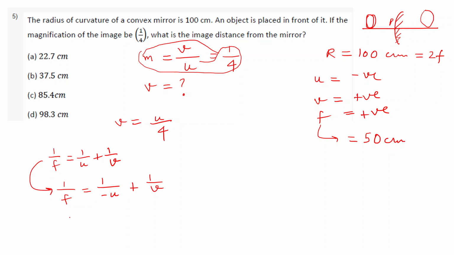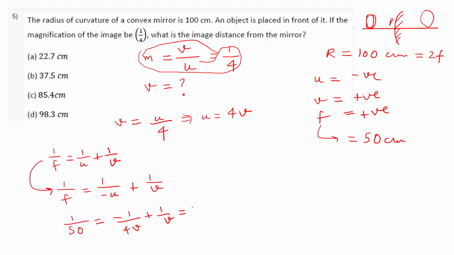Now substituting the values here, f is 50 centimeters, u is minus 4v, right? From this, u will be 4v. So when I put u equal to 4v here, I'll get minus 1 over 4v plus 1 over v.